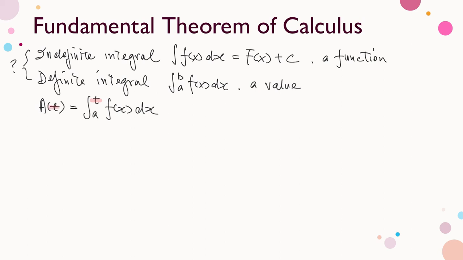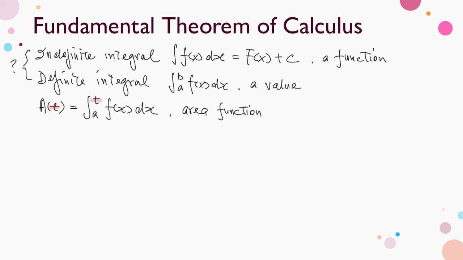According to our discussion earlier, the expression gives the area of the region bounded by the function f of x and the x-axis from x equals a to x equals t. So we call this an area function. Since A of t is a function of t, we can differentiate the function with respect to t.